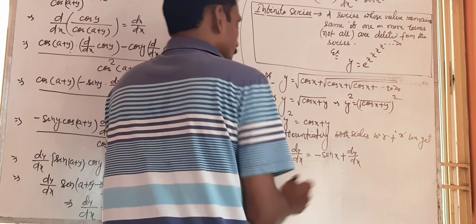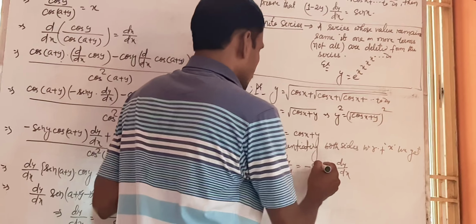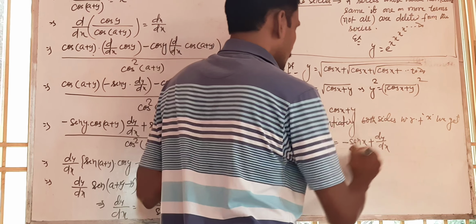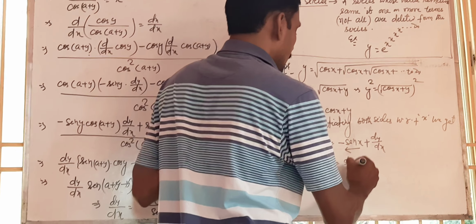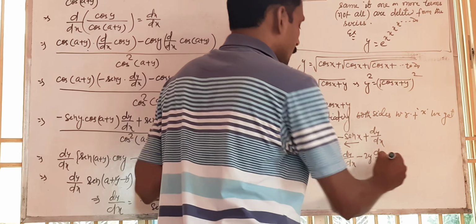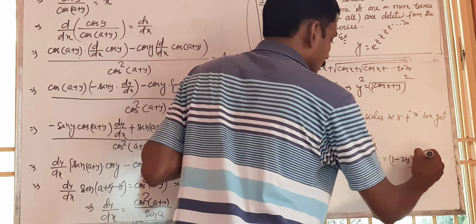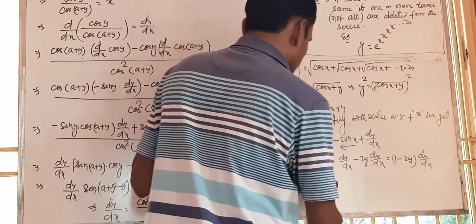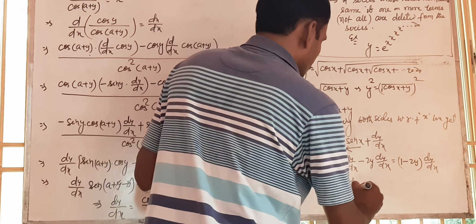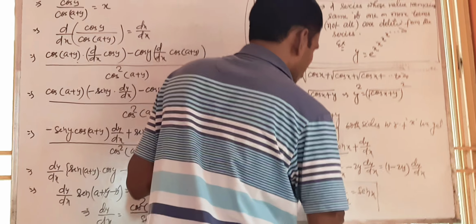So this implies, here it is sin x, you take it to the left hand side, and this term you take to the right hand side. So it is sin x equal to dy by dx minus 2y into dy by dx. Here dy by dx is common, so 1 minus 2y whole into dy by dx. So here what we have proved, 1 minus 2y whole into dy by dx equal to sin x, which we wanted to prove.